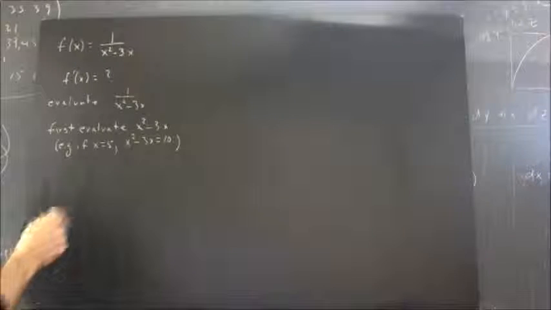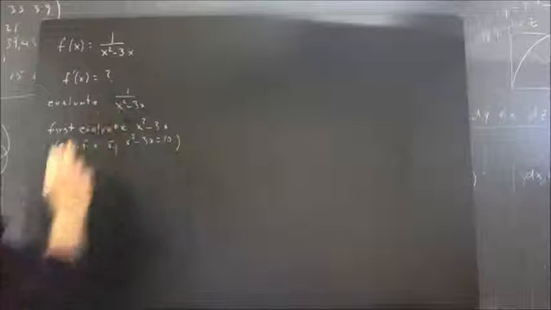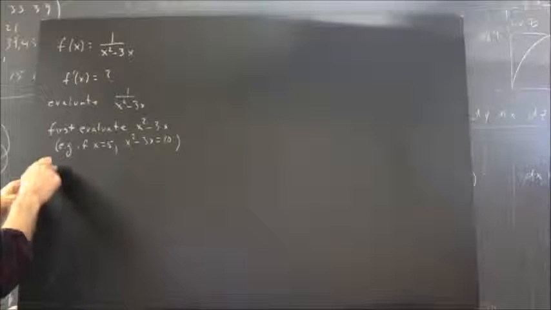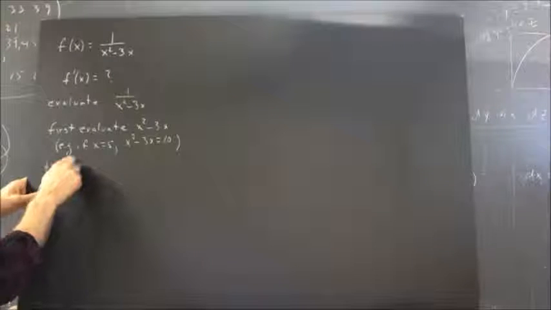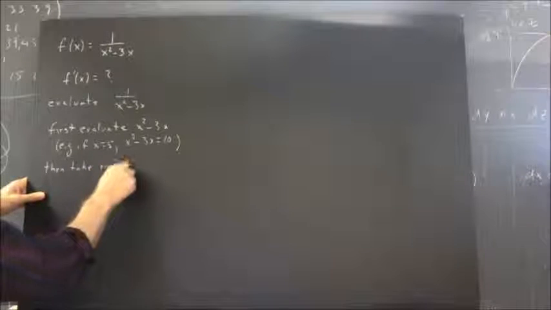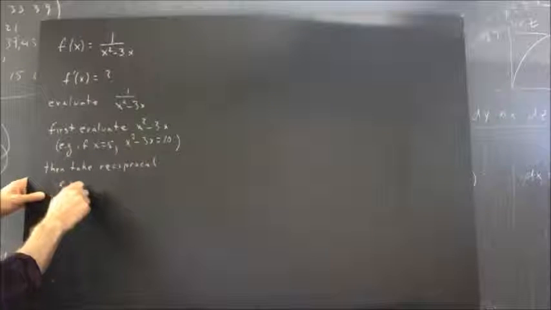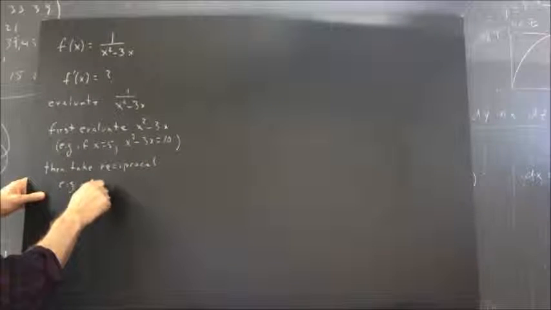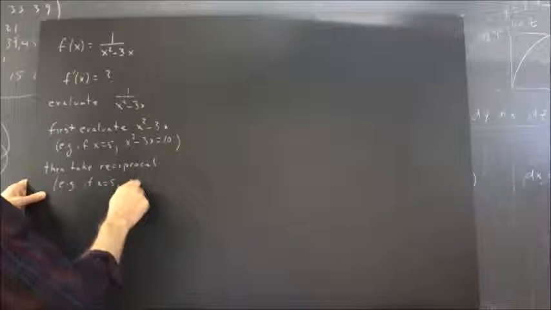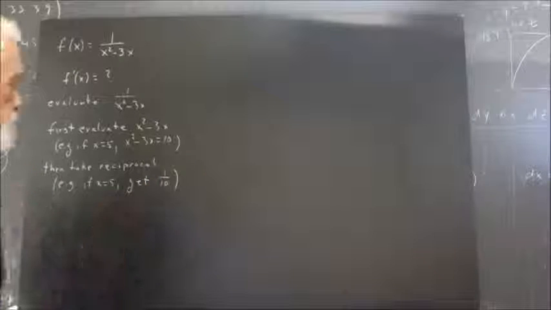Now, after we evaluate that, we get our result for x squared minus 3x. What do we do? We take the reciprocal of that number. So if x equals 5, we get the reciprocal, 1 over 10.